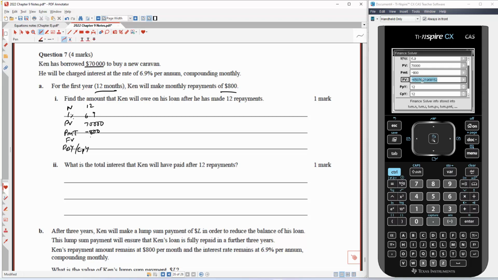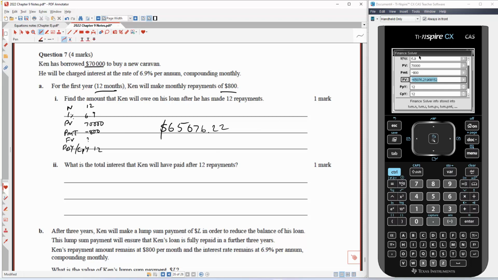PMT, I give the bank 800. Future value is unknown, doing this 12 times. And the answer, which is all you need to provide, is Ken owes $65,076.22. Any rounding? No, that's it.